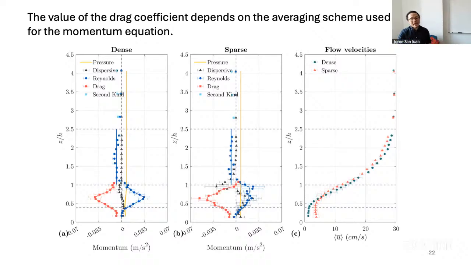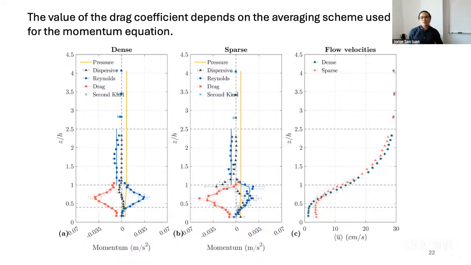And that drag force is going to be important, of course, where the oysters are. And these oysters are below that line that is number 1, which is when the elevation is normalized by the height of the oysters. That is where the drag is becoming important. And also that is the place where the Reynolds stress and the dispersive stress start to compete with each other.